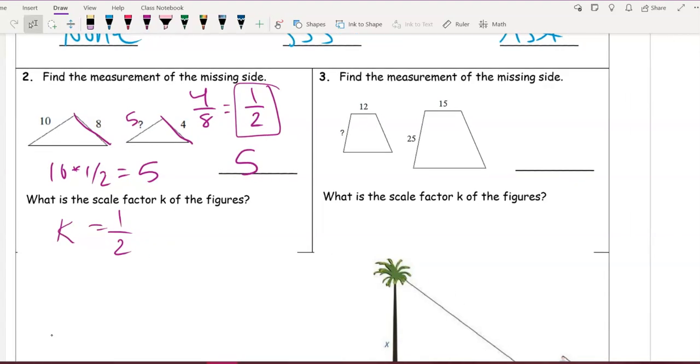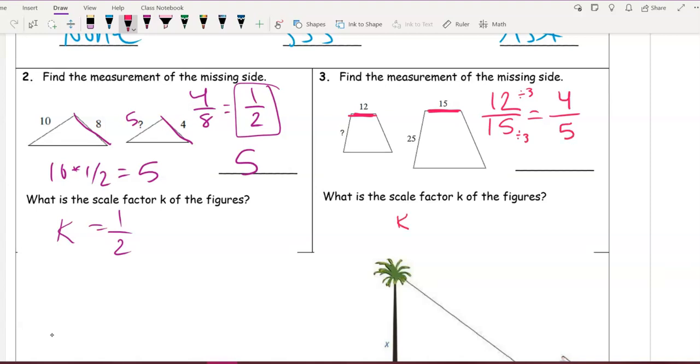For the next one, find the measurement of the missing side. We have the two sides that both have a number. Let's do the smaller number first. So 12 over 15. When we simplify that, they're both divisible by 3. 12 divided by 3 is 4, and 15 divided by 3 is 5.